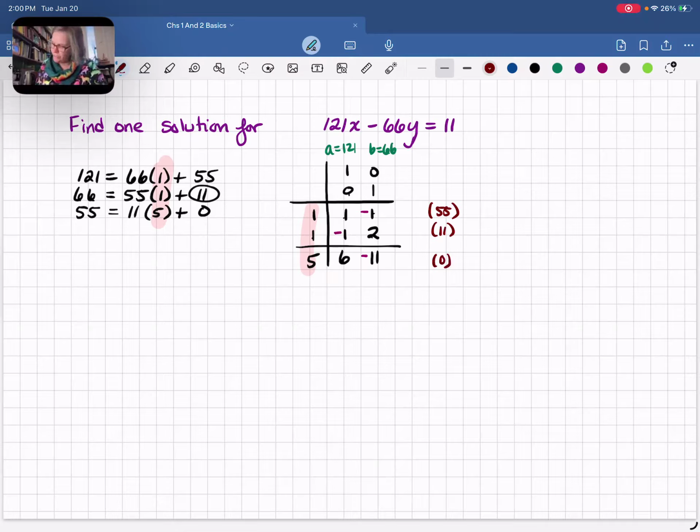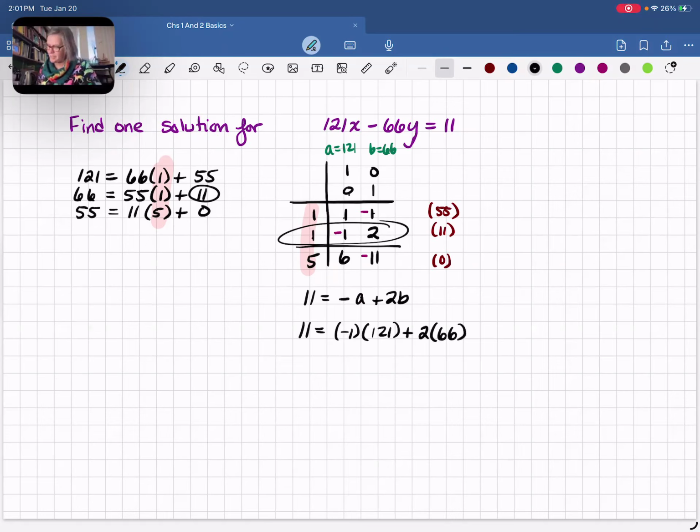So we're looking for where it equals 11. That means I'm going to use this second to last row here. This tells me that 11 is negative A plus 2B. So 11 is negative 1 times 121 plus 2 times 66.